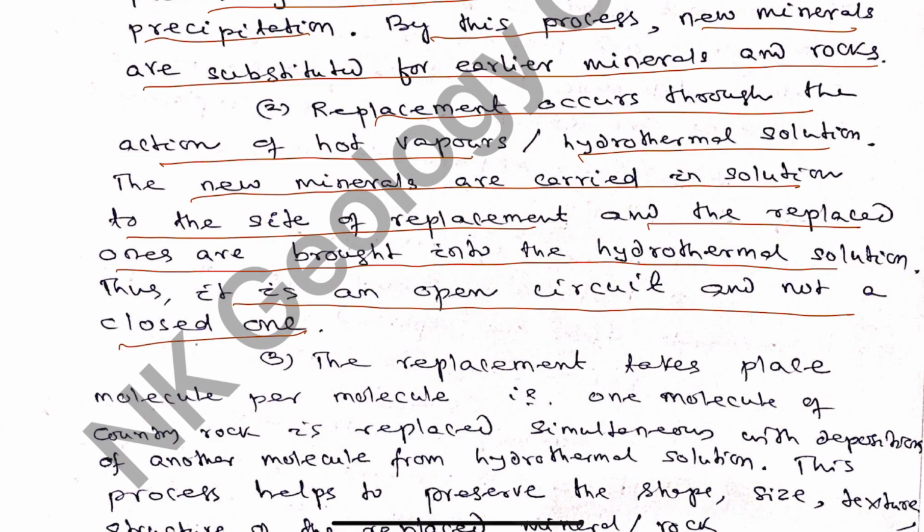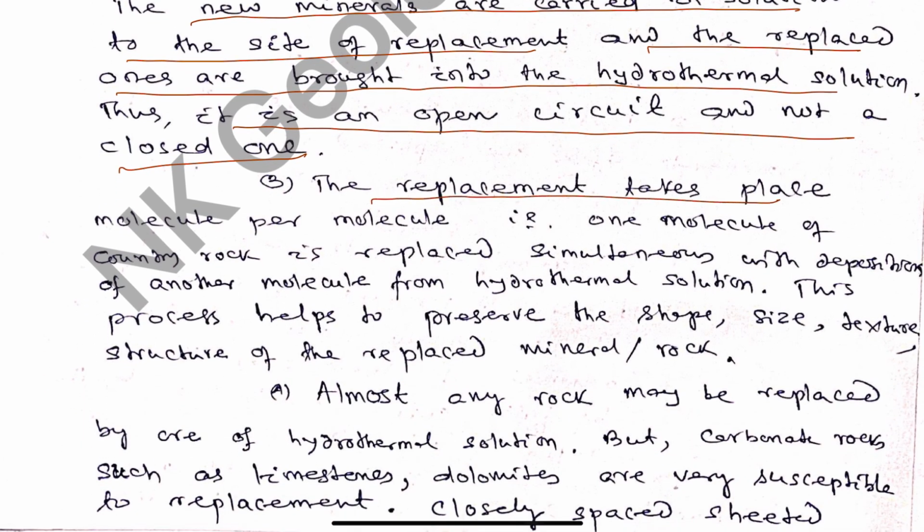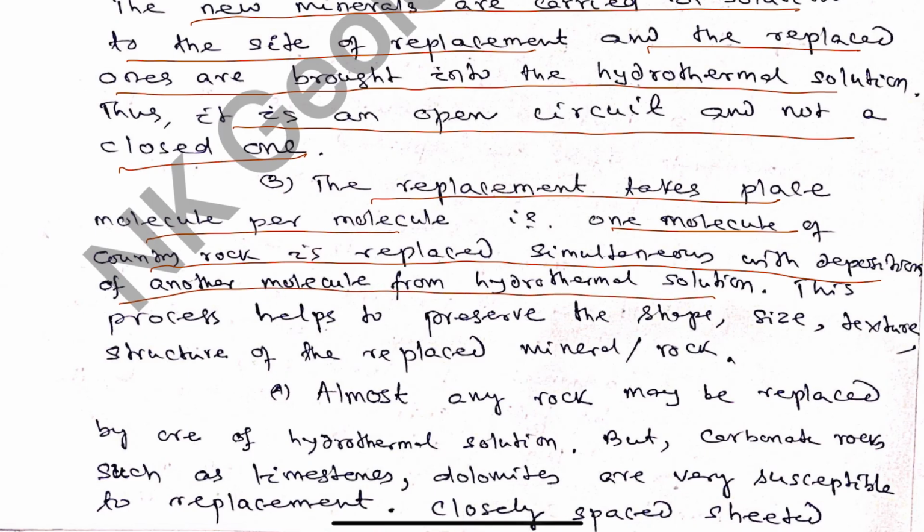Replacing minerals give rise to deposit, and the replaced minerals are brought to the solution. The replacement takes place molecule per molecule. That means one molecule of country rock is replaced simultaneously with deposition of another molecule from the hydrothermal solution.